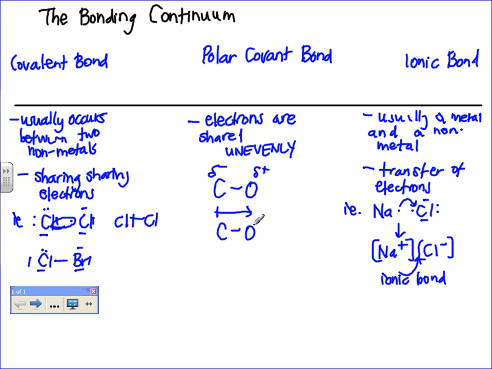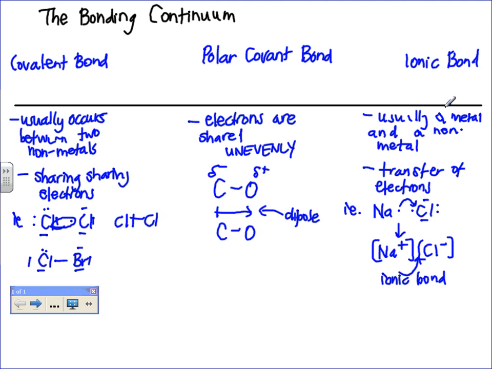The arrow points in the direction of the electrons. So in this case, the electrons are spending more time closer to the oxygen, leaving the oxygen slightly negative. The other way that you can remember which way to draw the dipole is that the tail looks like a little plus sign, so it's on the side that is slightly positive. So this guy here is called a dipole.